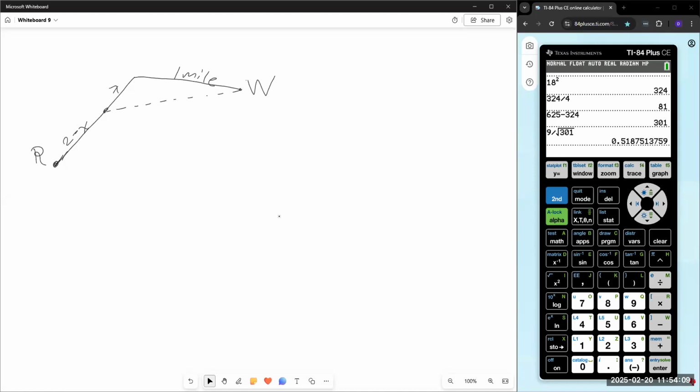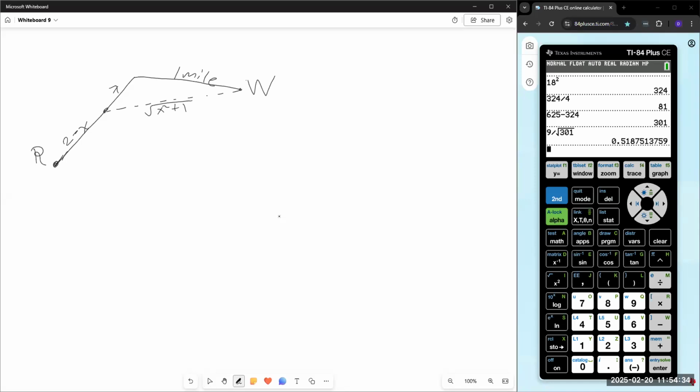So we have this distance here, which is going to be the square root of X squared plus 1. And that's going to be the amount that we're going to have to run underwater, under the ocean here. So laying pipe in the ocean is twice as expensive. It doesn't tell us what that price is.